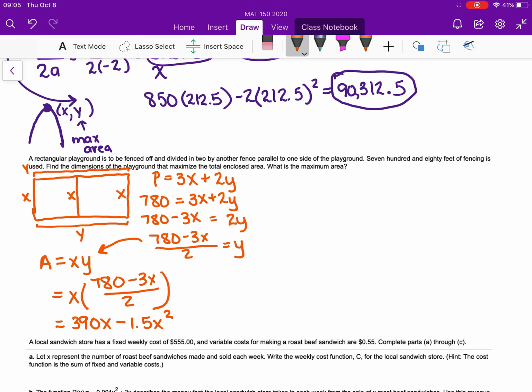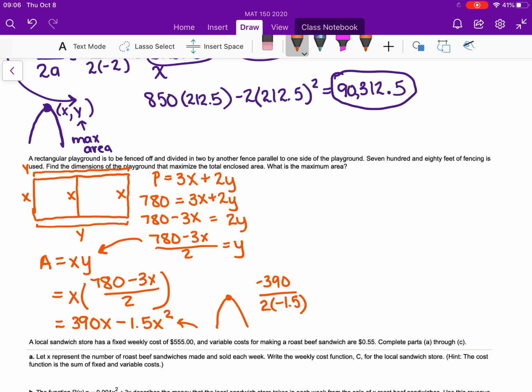Now we want to find the x value that maximizes that area. So that means where is the vertex for that parabola? I would do negative b, so negative 390 over 2a.